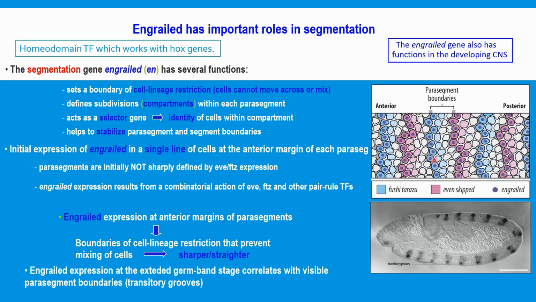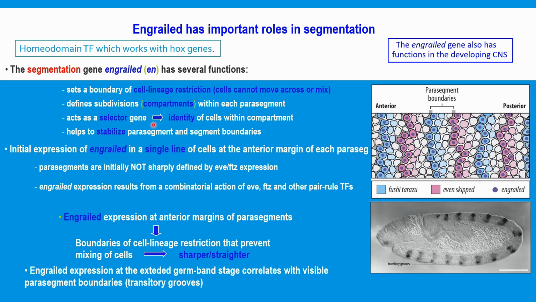A compartment is a group of cells with the same transcriptional profile that act together. By that I mean they will differentiate together. They have the same identity, so they form a compartment. Okay, so within this parasegment, engrailed is forming compartments.